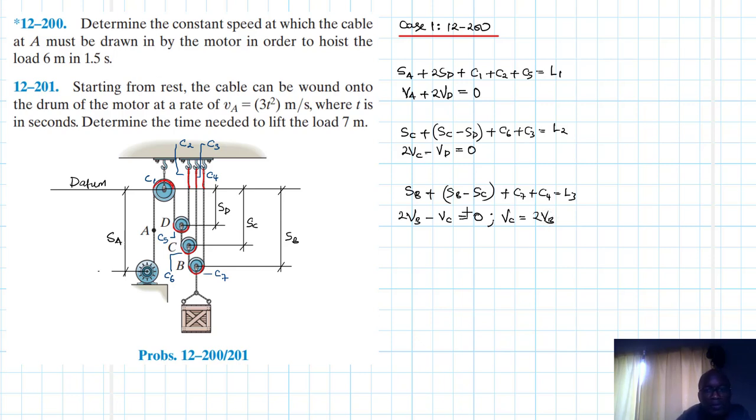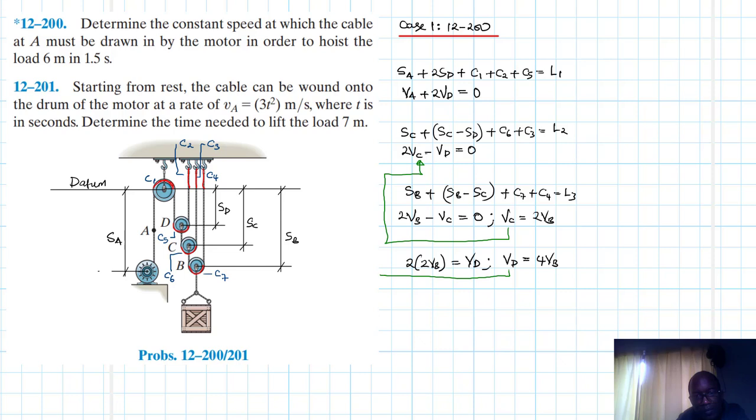So let's plug this value into the second equation. Once we plug it in, we have 2 times 2VB equal to VD, and therefore VD is equal to 4VB. Once we've done this, we plug VD into the first equation.